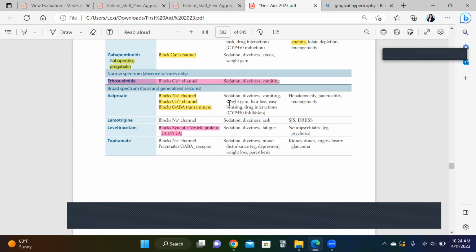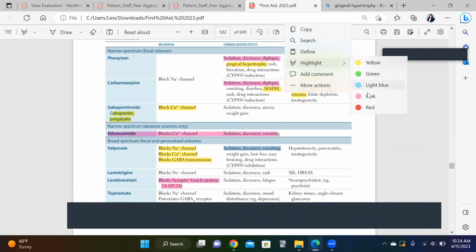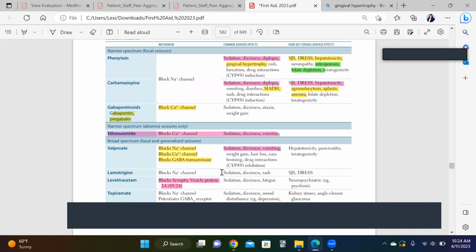We don't know. Okay, so once again, we see our commons, sedation, dizziness, vomiting. Don't care. Okay, sedation, dizziness. I'm going to cross those out for all of these.